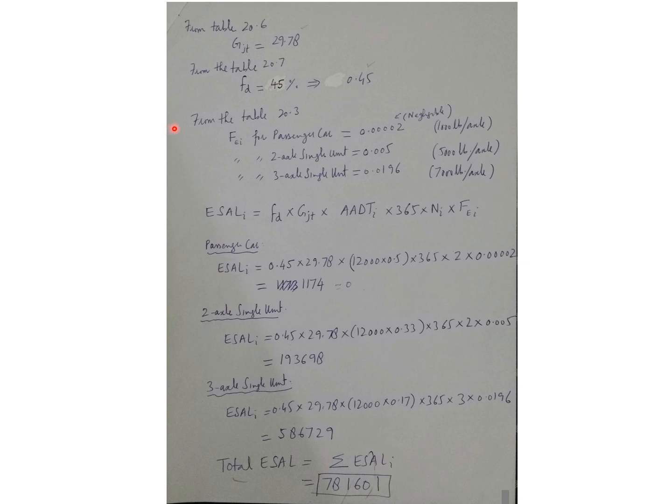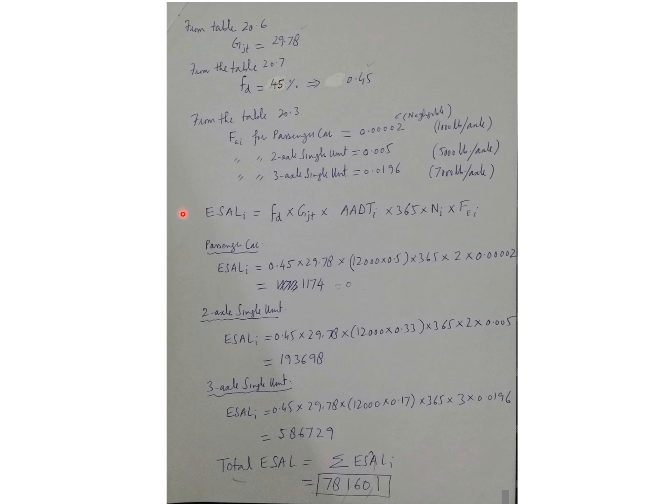From the table 20.3, we can get the load equivalency factor for passenger car, 2XL single unit vehicle, 3XL single unit, and you can see that these are the load equivalency factors corresponding to 1000 pound axle load, 5000 pound, and 7000 pound. So by considering these axle loads, we have got the load equivalency factor from the table 20.3.